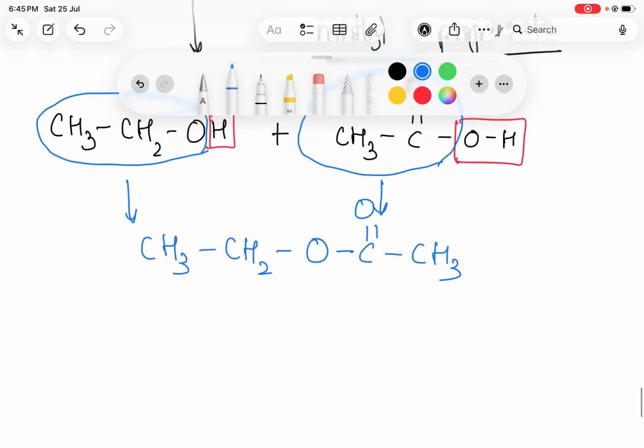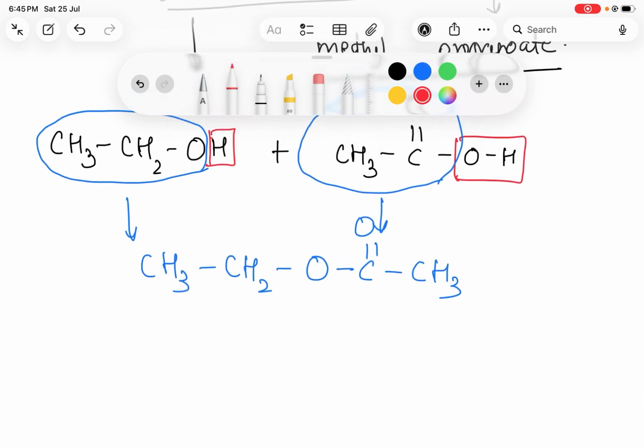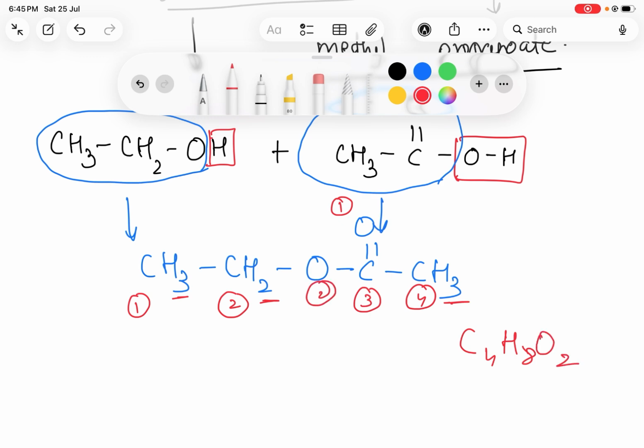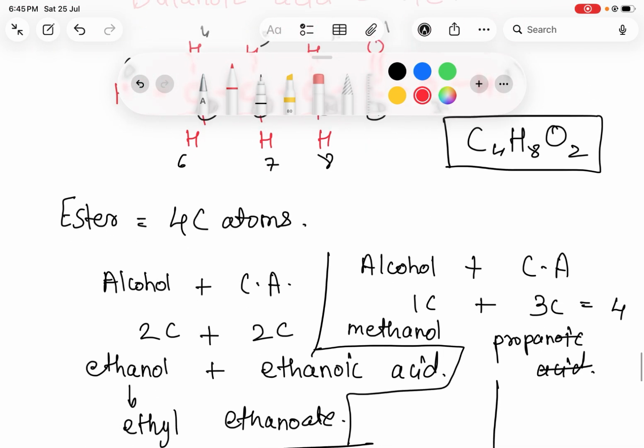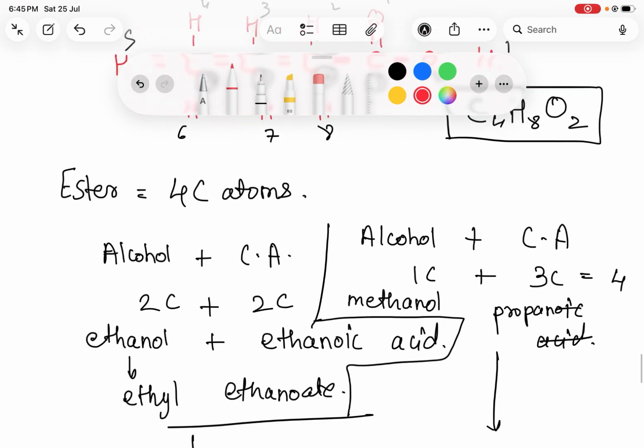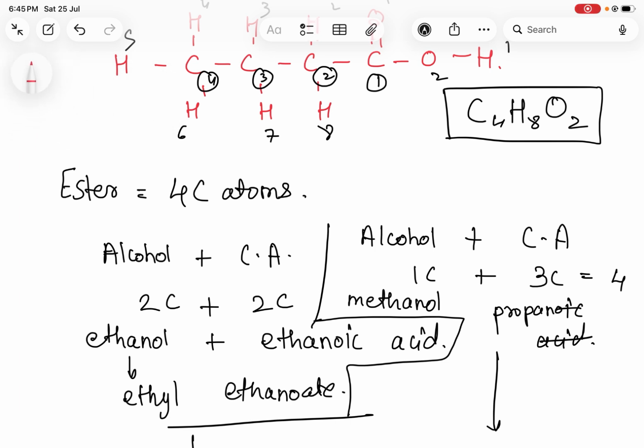Okay, so let's write the molecular formula here, which is 1, 2, 3, and 4. I have 4 carbon atoms. 3 plus 2 is 5, plus 3 is 8 hydrogens, and 1 and 2 oxygen atoms. C4H8O2. Okay, so we have this compound with a molecular formula of C4H8O2.